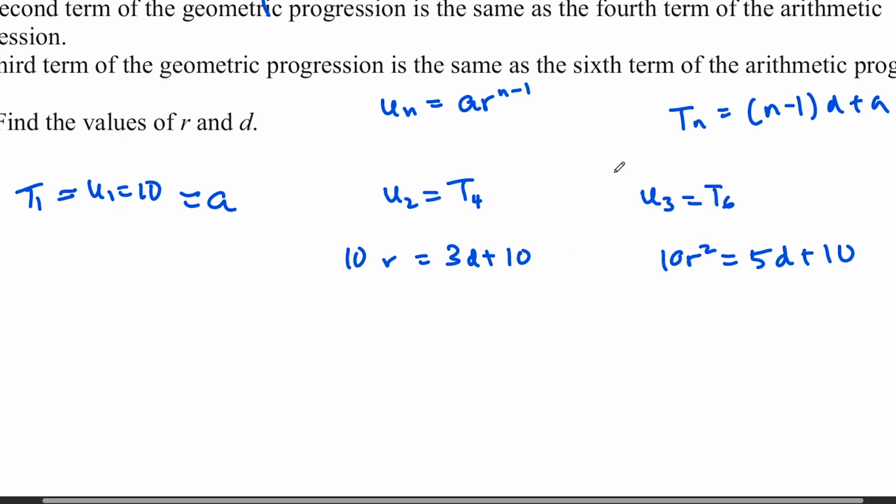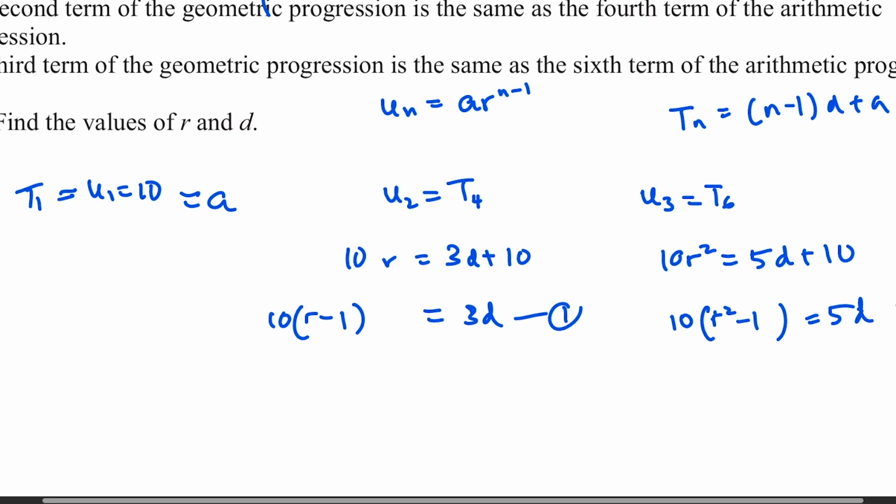Let's try and eliminate some variables here. I think the easiest way to do that is to rearrange both equations. So I'll do this on one side, and the other on the other side also. So it's 10(r minus 1) equals 3d, and here also 10(r squared minus 1) equals 5d. Right, so I'll label this equation 1 and equation 2.